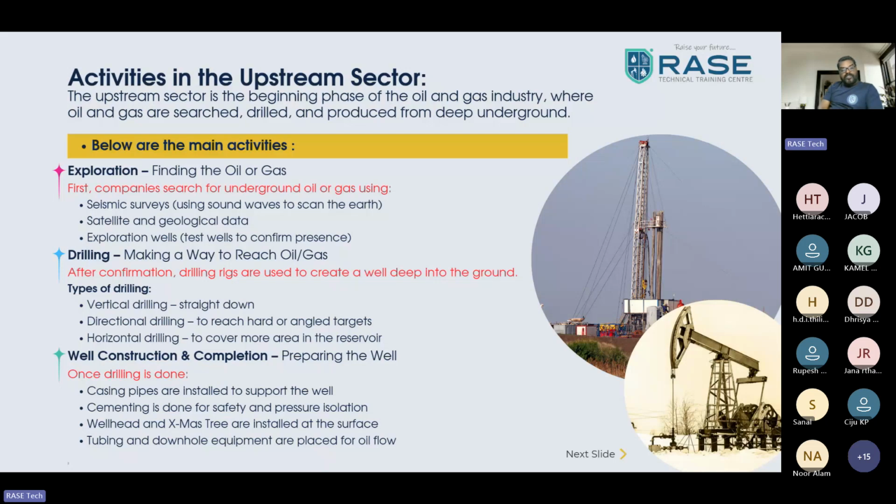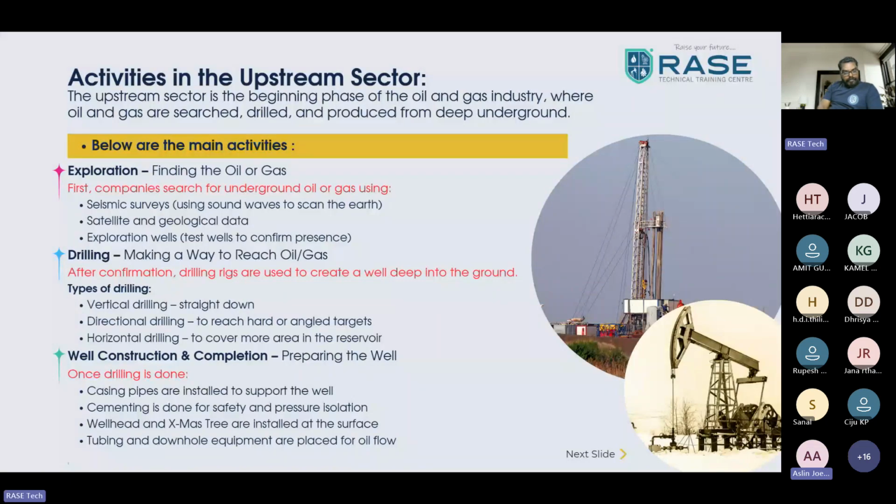Drilling is the second stage of our upstream sector. After the exploration confirmation, drilling rigs are used to create a well deep into the ground. There are many types of drilling.